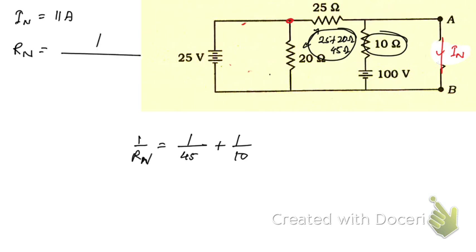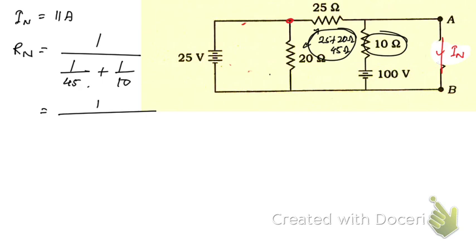So Rn is going to be 1 by this, right? Hope you have understood this. Now let's simplify this. LCM is 90, so 2 plus 9, that's 90 divided by 11. So that is the Rn we have got. If you divide 90 by 11, you get approximately 8.2 ohm, right?